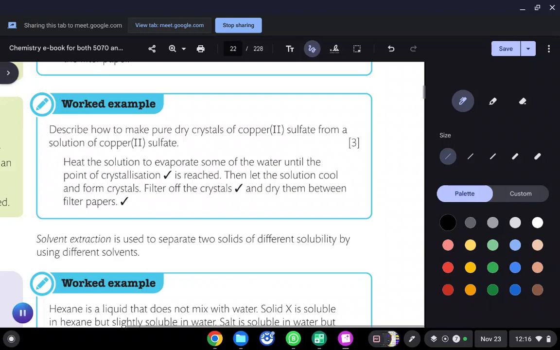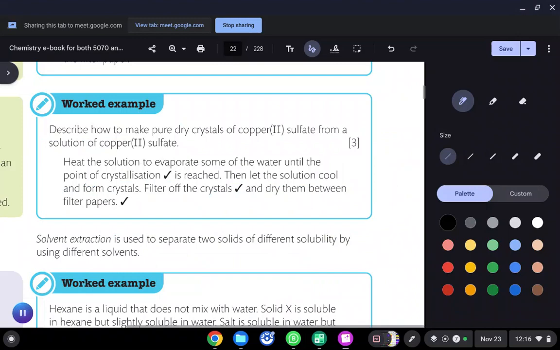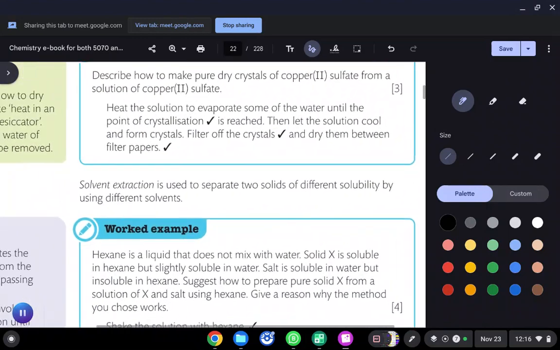But in this case, in making the crystals, we will not write that we will dry in an oven. I hope it is clear. We will write that we will dry the crystals in between filter papers. Okay, the important point. That's why I'm repeating it again and again. So that's how I'll get 3 marks.